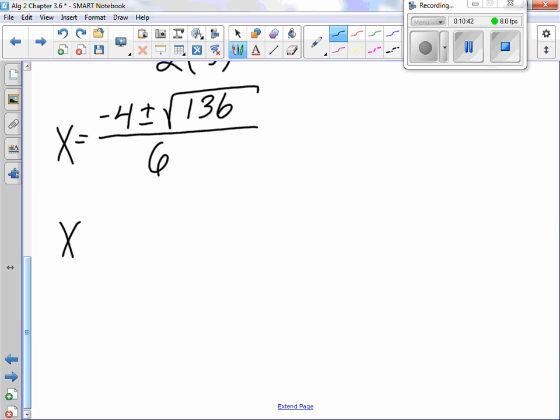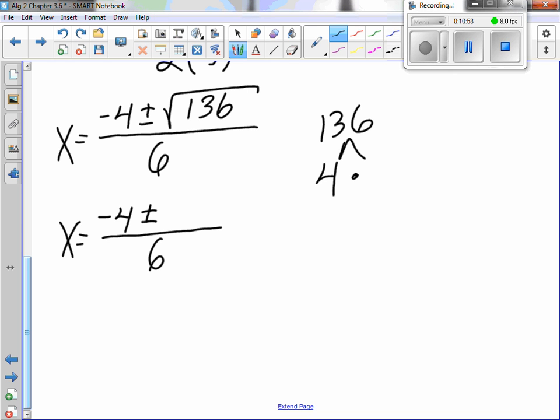The graphing calculator is going to give you some ugly decimal. Well, 136 is 4 times 34. That's 2 times 17. Well, the square root of 4 is 2, and we have the square root of 34 left over.